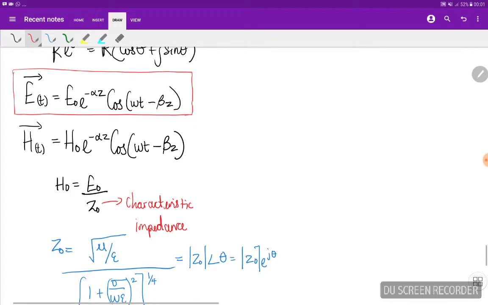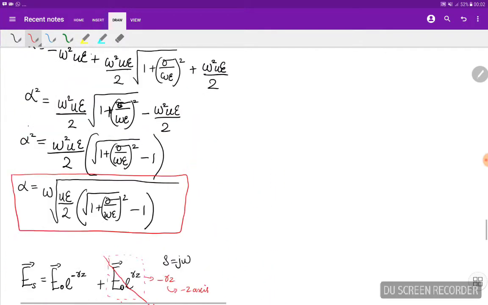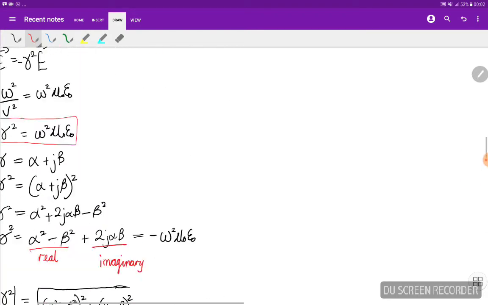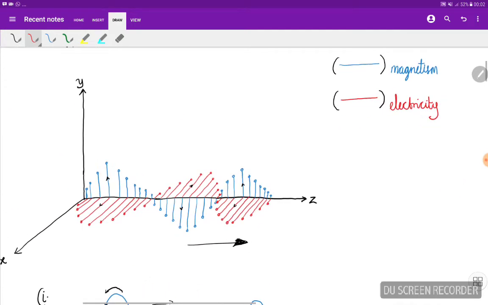This is the wave equation for the field. So these are the final equations for waves, and that's how we can define it. From the diagram that we drew, you'd see that there's a sine wave.